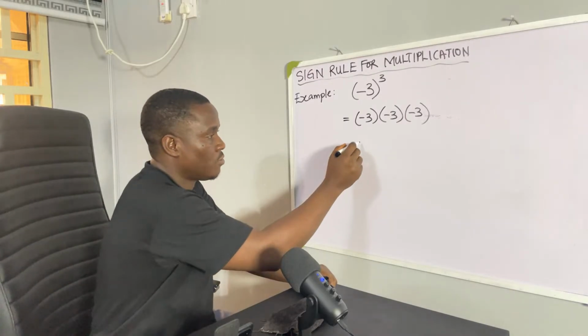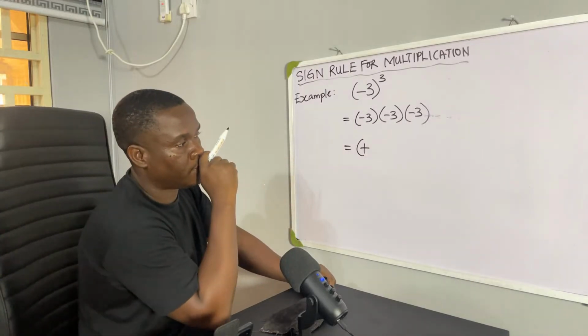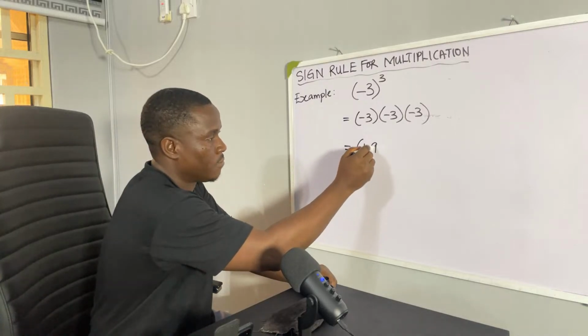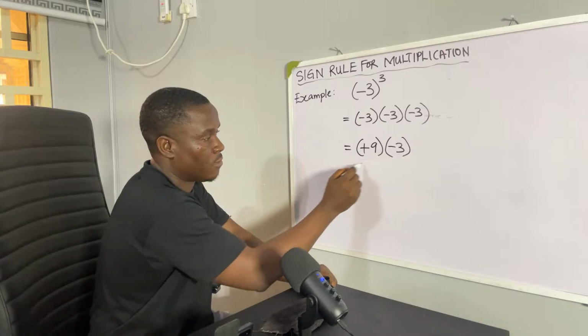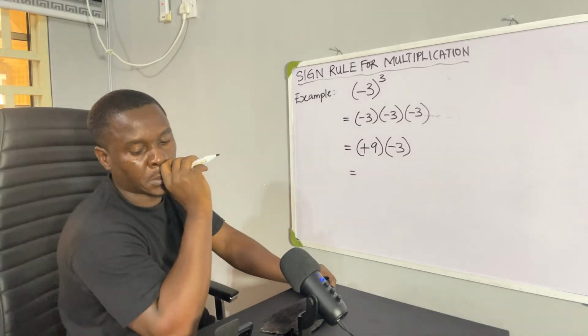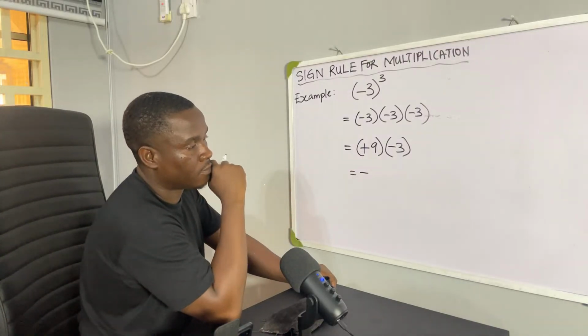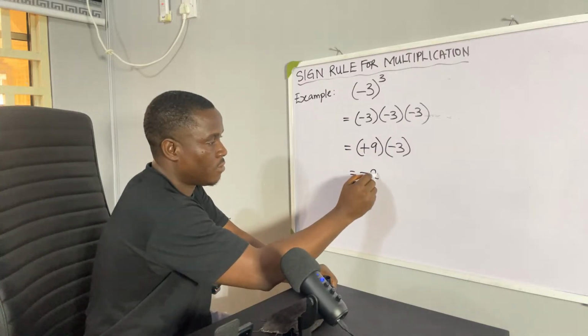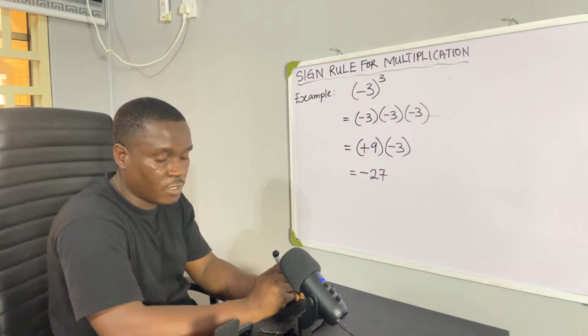So positive, and then 3 times 3 is 9. Now we can multiply by the third one. Positive times negative is negative. 9 times 3 is 27. So negative 3 to the third power is equal to negative 27.